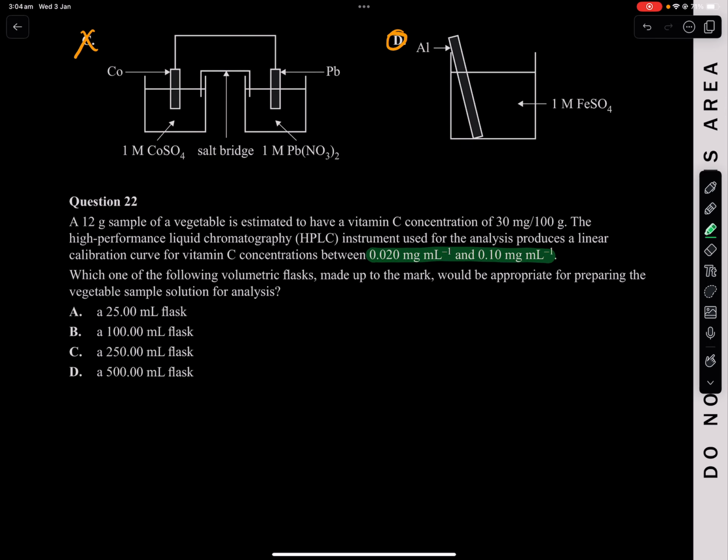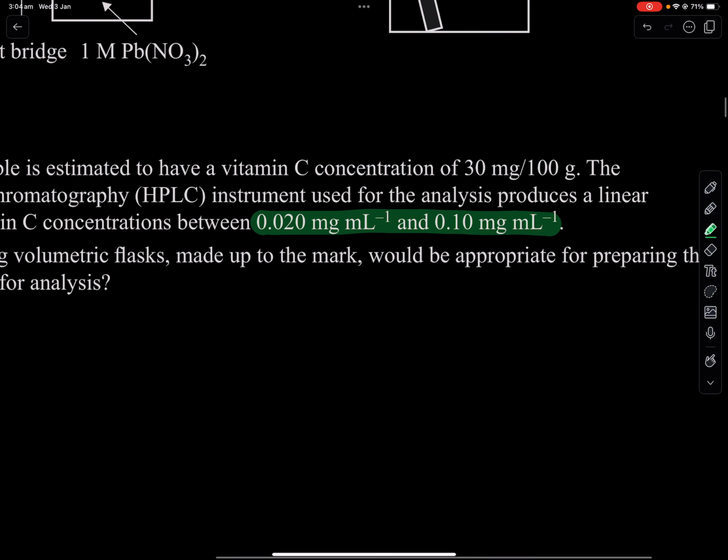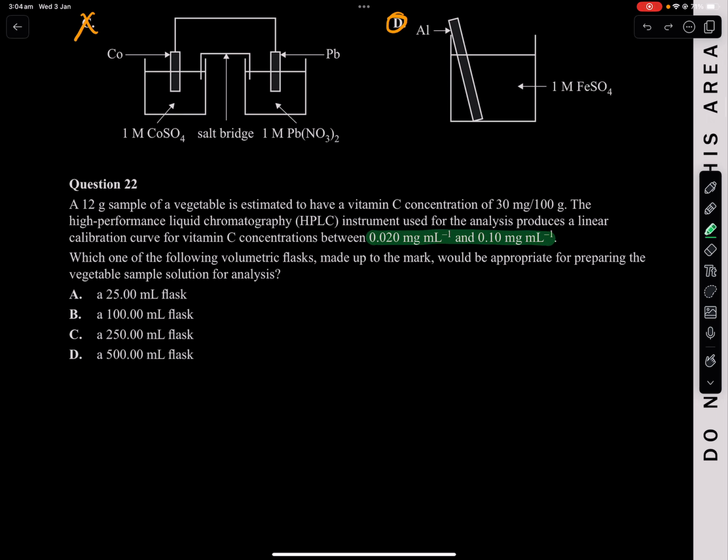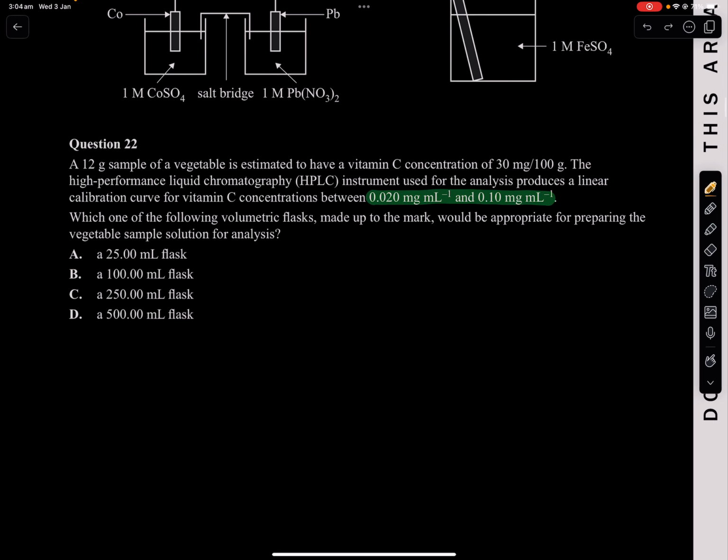So what this tells us is, the true value of the concentration of vitamin C in that 12-gram sample is supposed to be around these values. We know that for every 100 grams, there's an expected value of 30 milligrams of vitamin C. But we're using 12 grams. So how much expected vitamin C is in 12 grams? Well, we'll use ratios here.